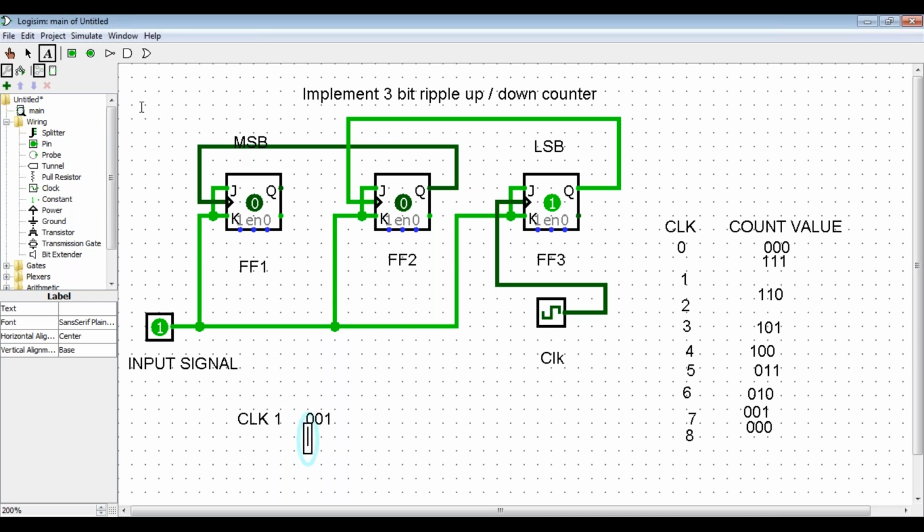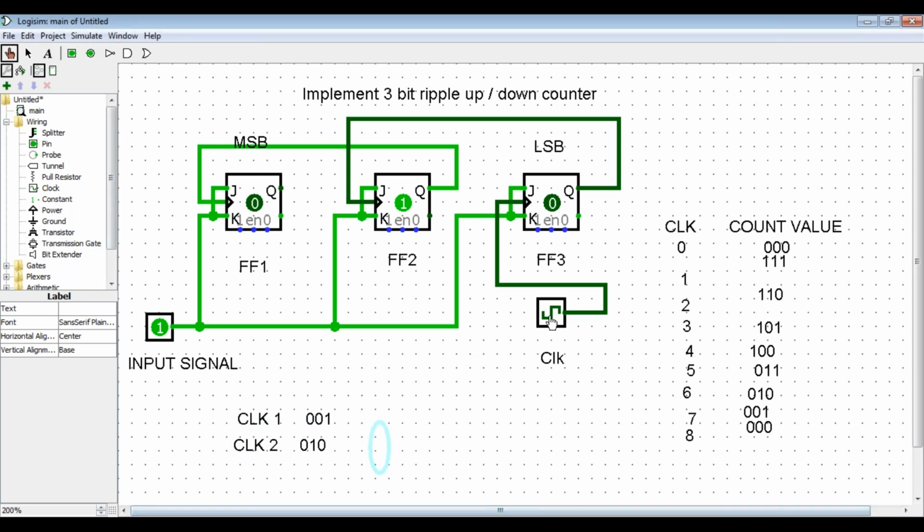Suppose I'm going for my second clock pulse. Switch off my clock, again switch on. What I will get is 0 1 0. So for my second clock pulse in the up counter, I get 0 1 0.